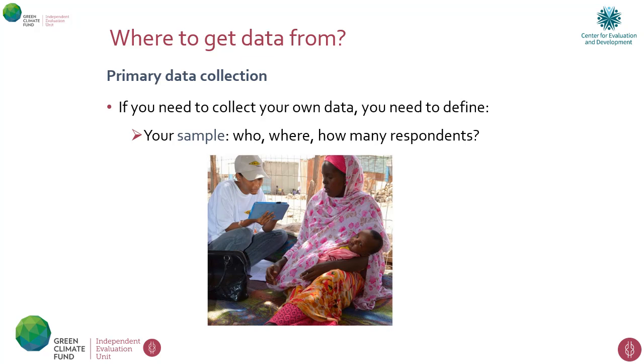Is the information going to be recorded in the form of observational notes, or are you going to use paper or computer-based interviews? These are decisions that make you redefine your indicators in case you realize that they were not realistic enough. So you see, it's a bit of an iterative process.